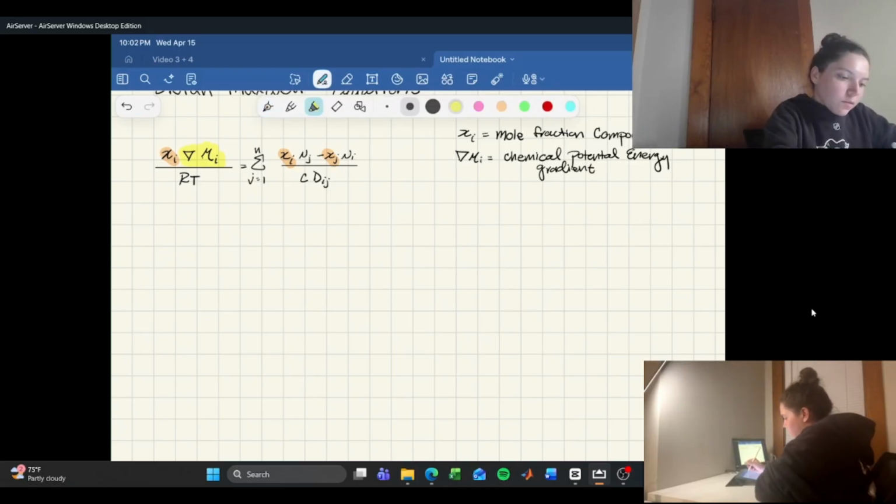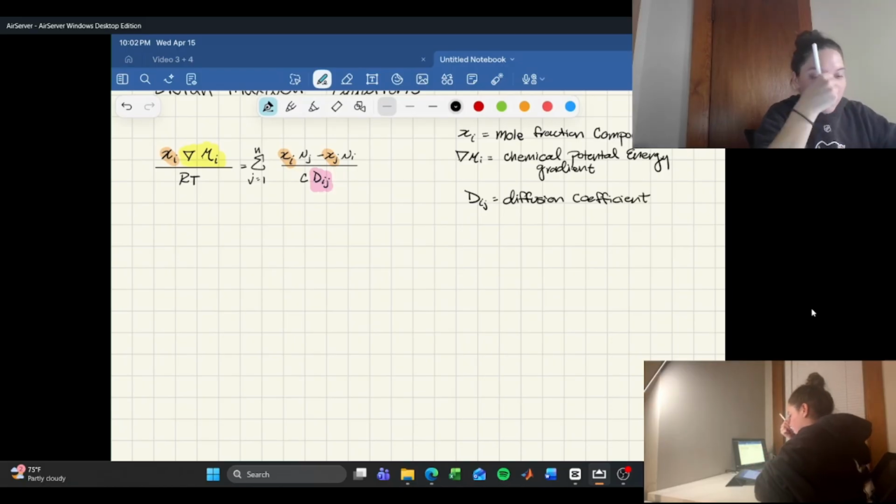Then we have Dij, and in the previous video we said that D is going to be the diffusion coefficient. And that was, we found that when we looked at Fick's law.